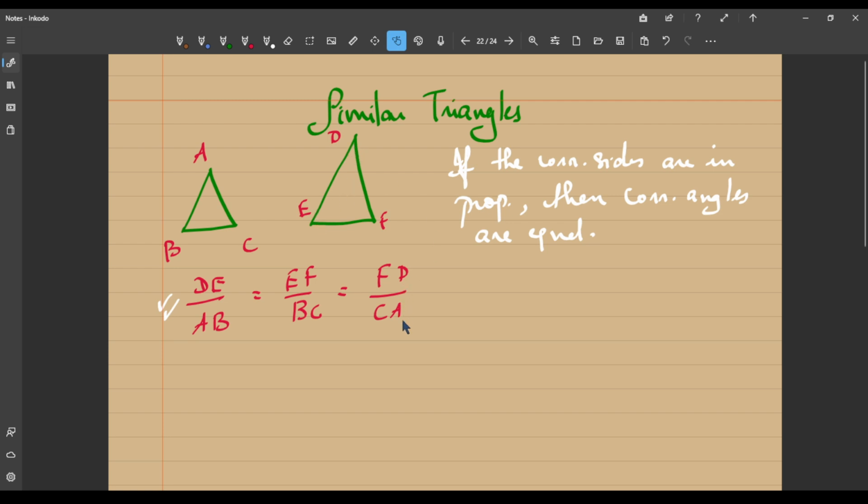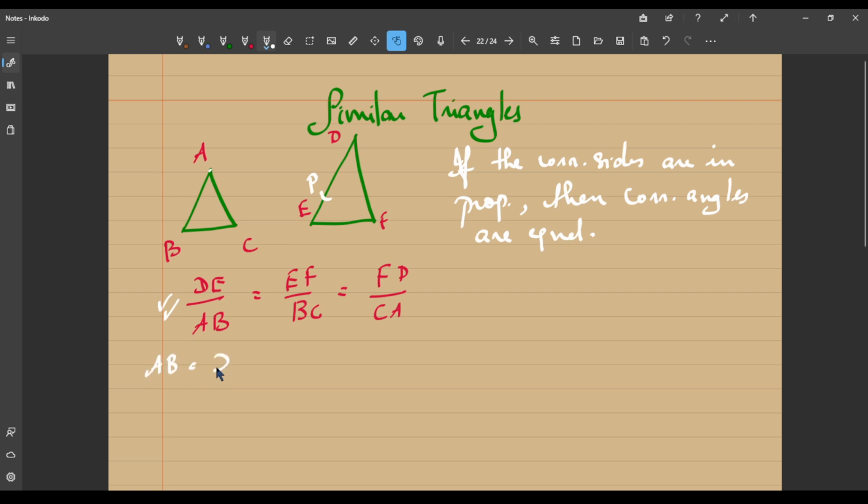So let us proceed. Like in our earlier examples, or the earlier way we proved the first theorem, we'll just measure AB, place a compass here, measure AB and cut an arc here at P. So DP would be equal to AB.